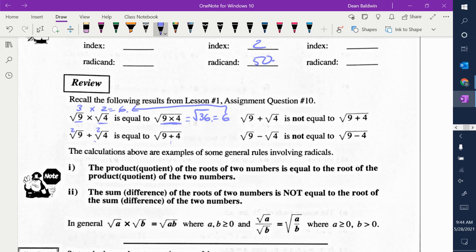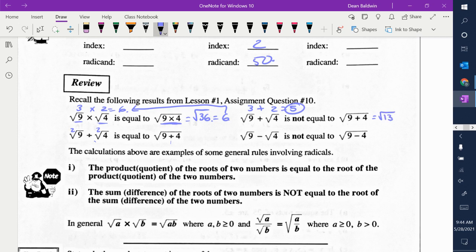That does not work for addition or subtraction. So root of 9 is 3, which we've already talked about over here. Square root of 4 is 2. 3 plus 2 is 5, right? But if I put the 9 and the 4 under the square root sign, what's 9 plus 4? 13.